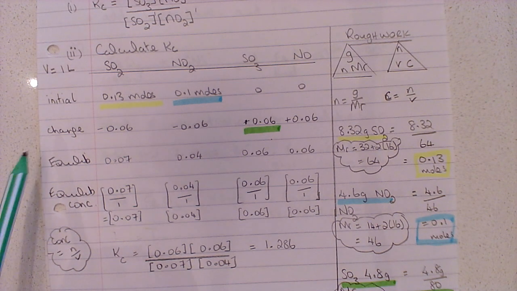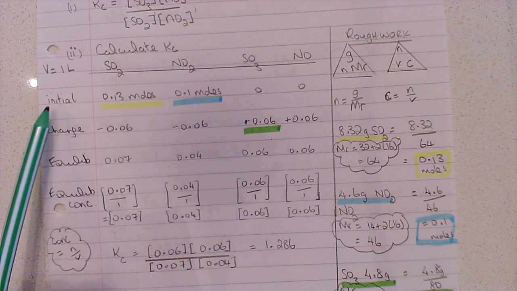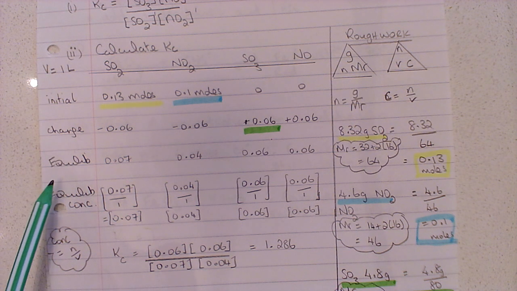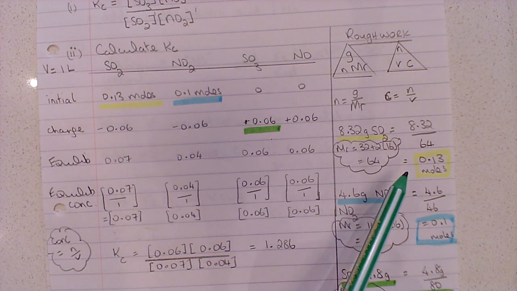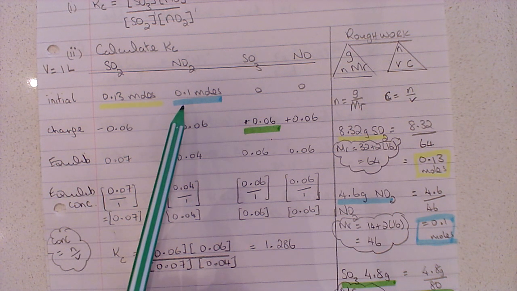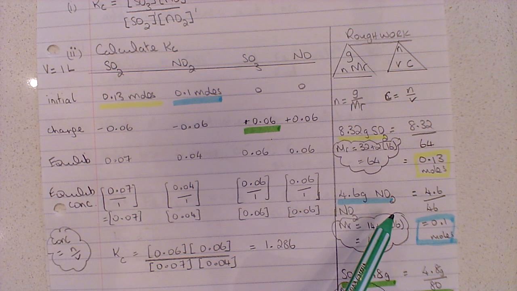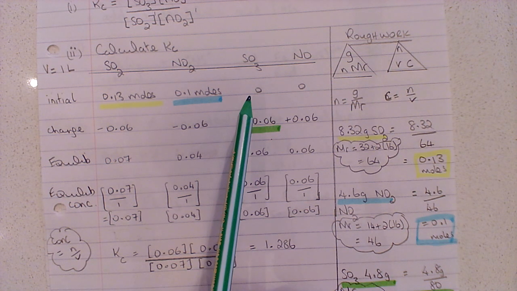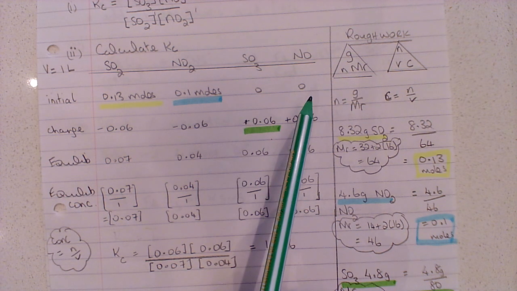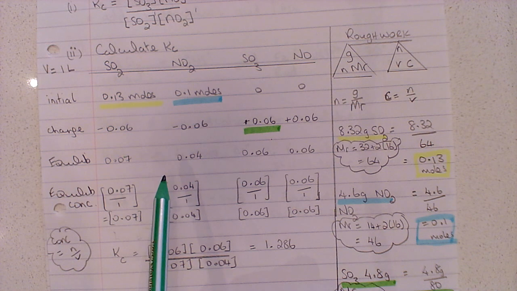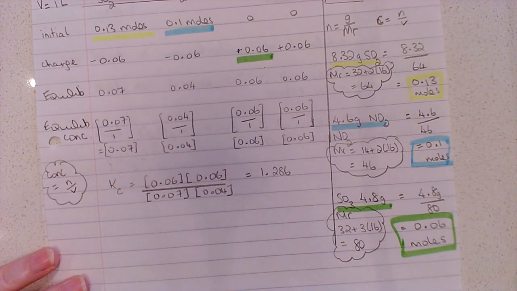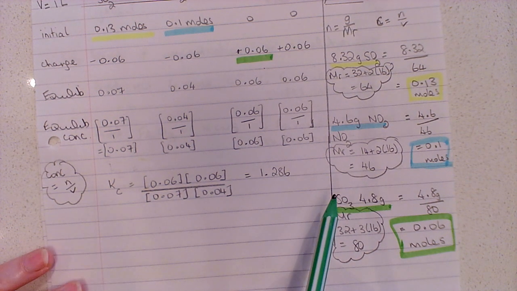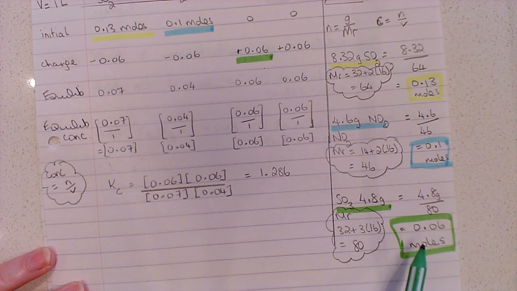Remember with your table, we think of ICE: initial, change, and equilibrium. The initial amounts I have are 0.13 moles of SO2 and 0.1 moles of NO2, from rough work, and at the start I had no products, no SO3 and no NO. I was told that I made 4.8 grams of SO3, and I worked that out to be 0.06 moles.